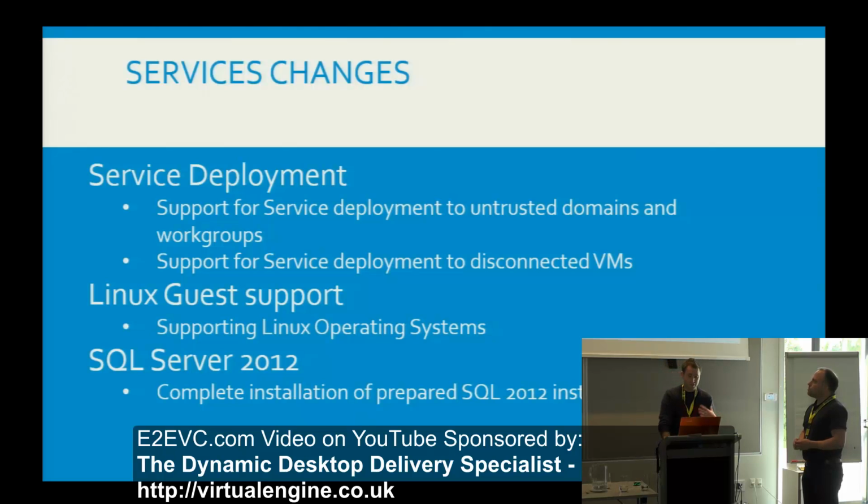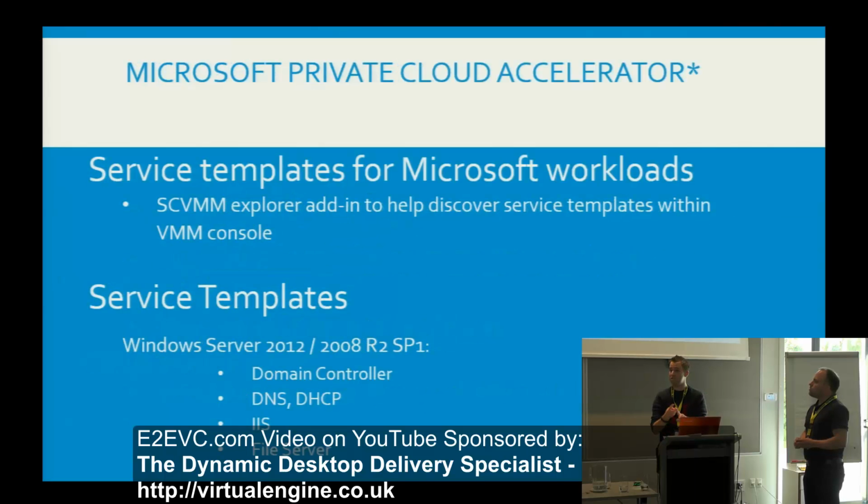Okay, there are some new features. The problem was the VMM server had to connect to inside the virtual machine. So if you deployed that to an untrusted domain, you didn't have the rights. If the network was disconnected to that system, it didn't work. Now there is a solution for that, and what they do is basically if VMM does not have a connection to the virtual machine, it will create an ISO file and attach that ISO file.